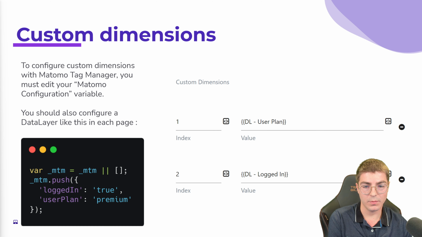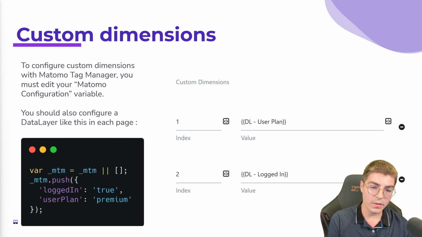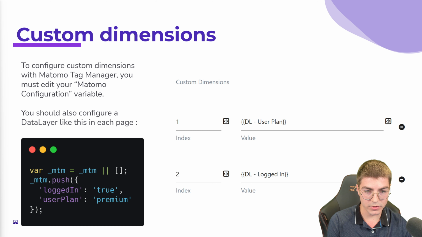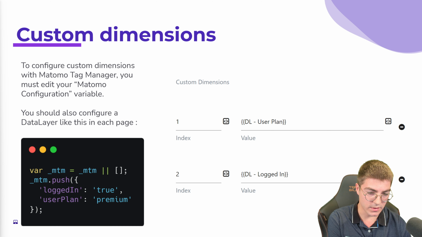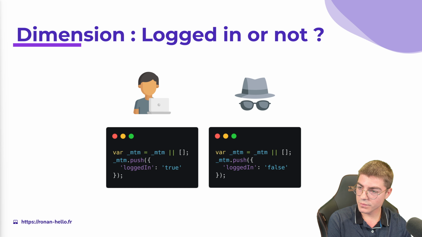In this Matomo variable, if you scroll down, you will find a section about custom dimensions, and you can add an automatic tracking of your custom dimensions. Here, the first index is for user plan, and the second index is for logged in or not logged in user.